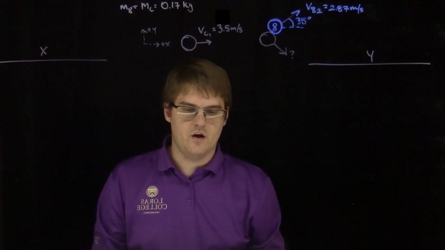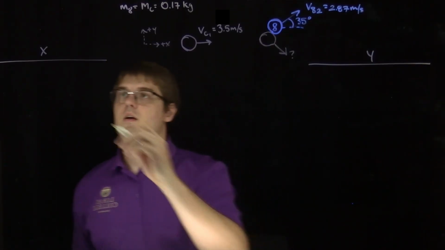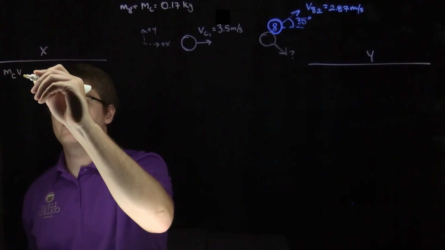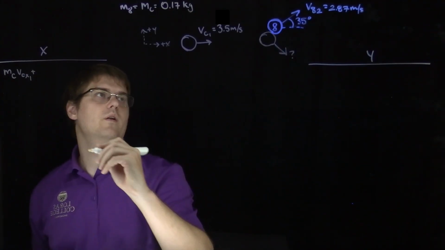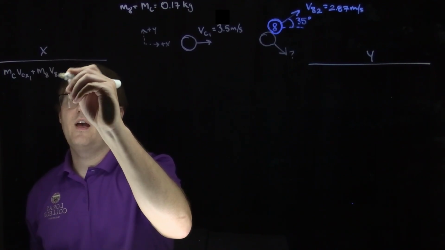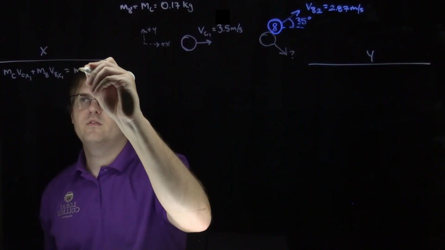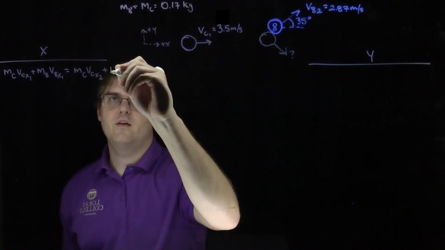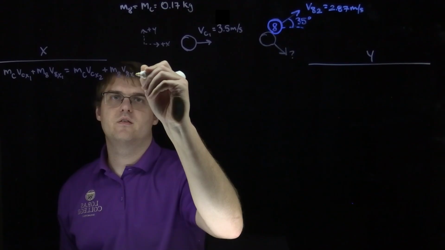Conservation of momentum states that the mass of our cue ball times the velocity of our cue ball in the x at time 1, plus the mass of our 8-ball times the velocity of the 8-ball in the x at time 1, is going to be equal to the mass of our cue ball times the velocity of our cue ball in the x at time 2, plus the mass of our 8-ball times the velocity of our 8-ball in the x at time 2.